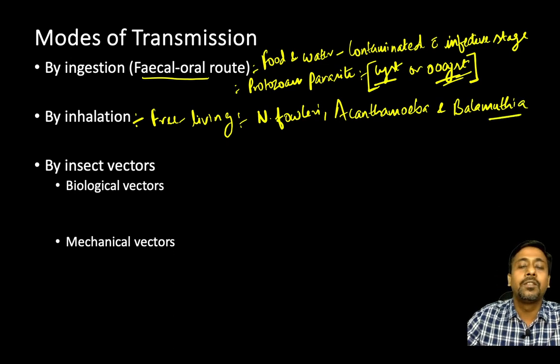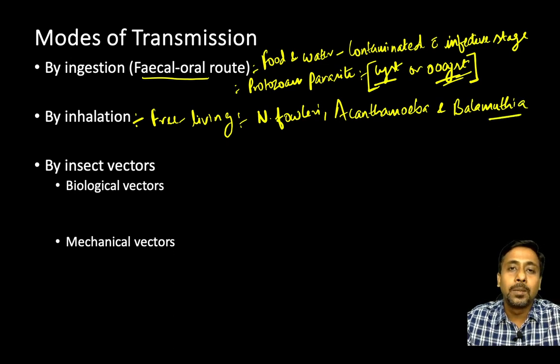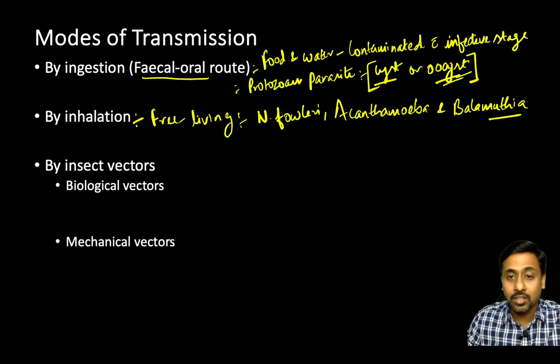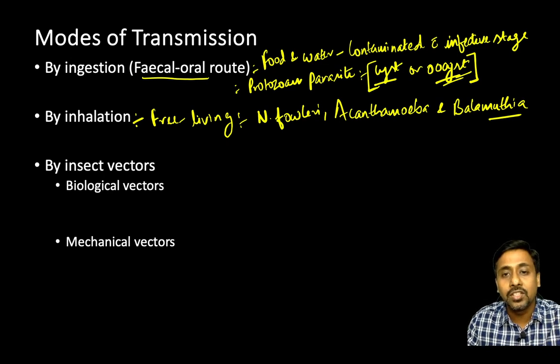Among the free living amoebae, the transmission occurs by inhalation of trophozoites or the cyst through the nose or nasal mucosa. It also occurs in the case of Acanthamoeba by ingestion and by trauma.